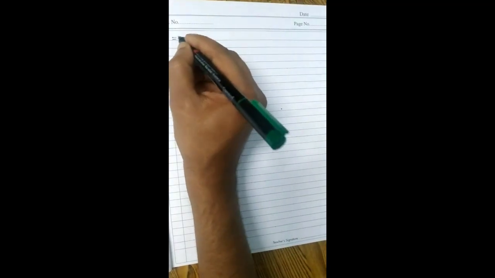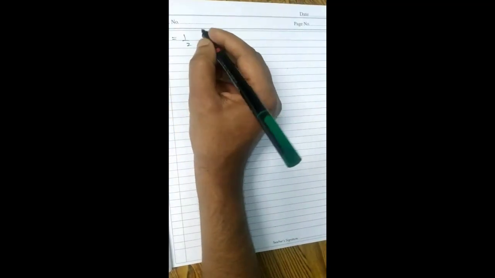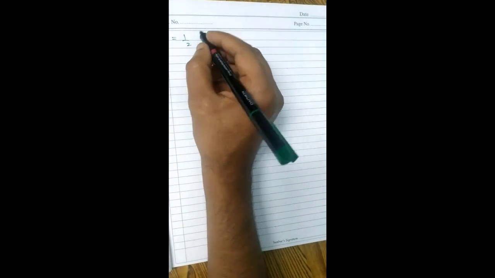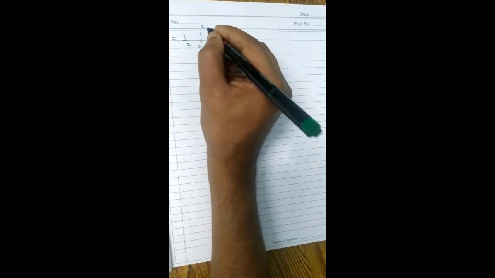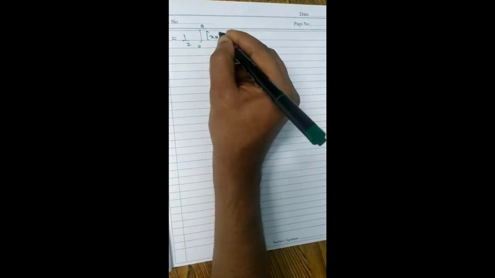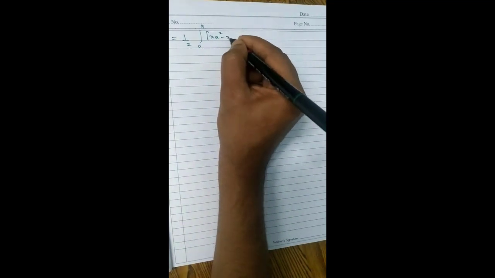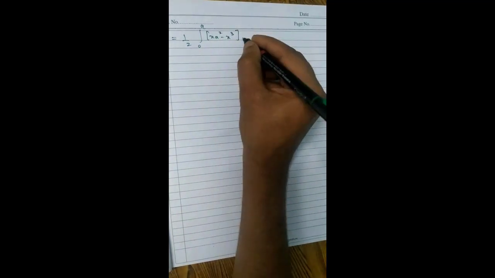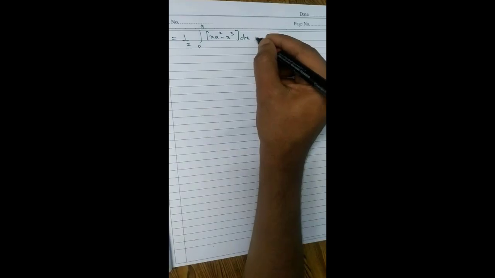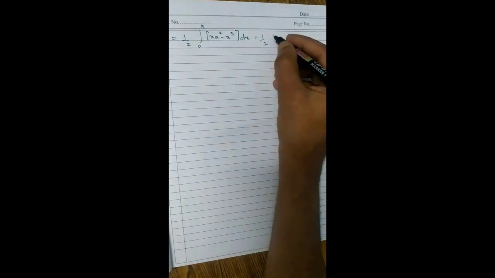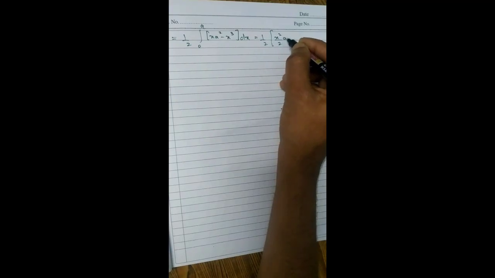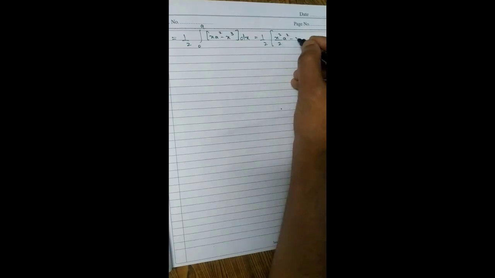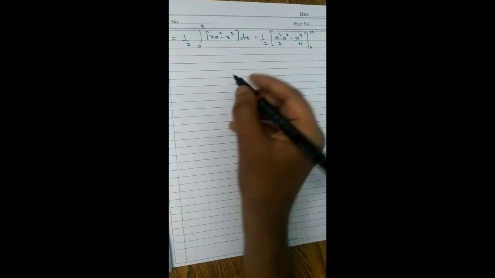So which is equal to 1 divided by 2, the integration from 0 to a of x a square minus x cube dx. Now if I integrate it, this turns out to be x square divided by 2 into a square minus x power 4 divided by 4, from 0 to a.